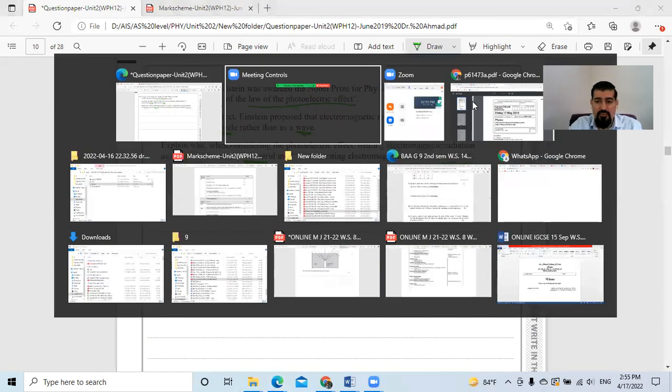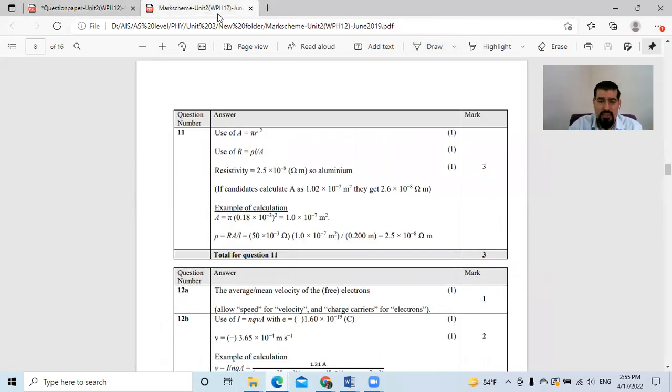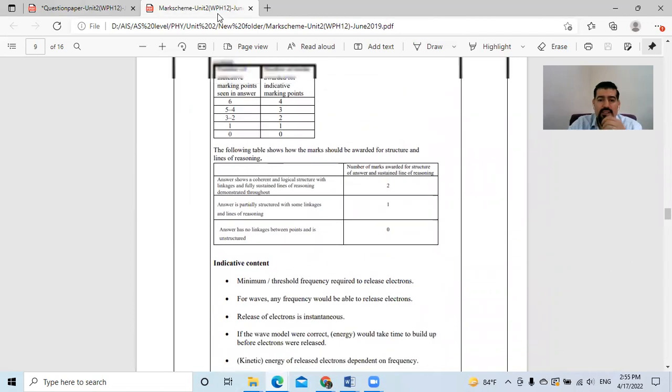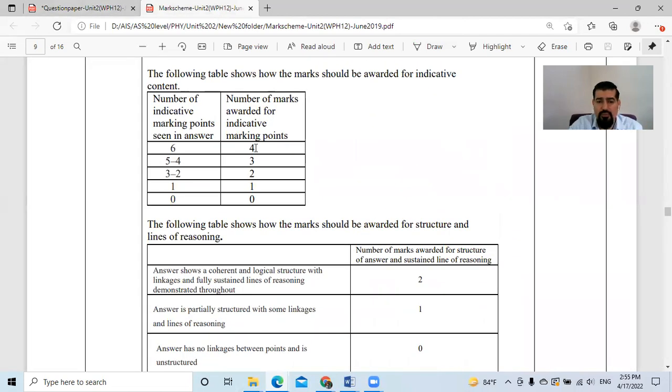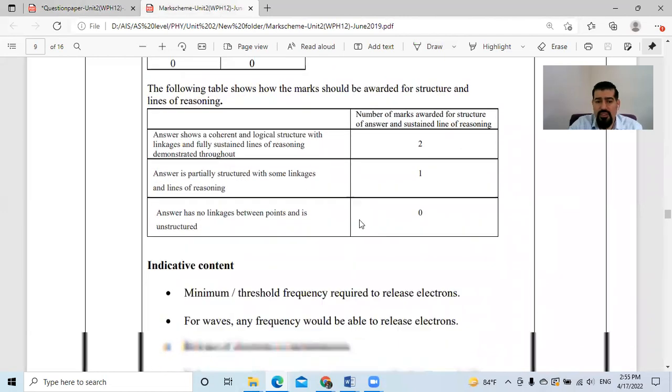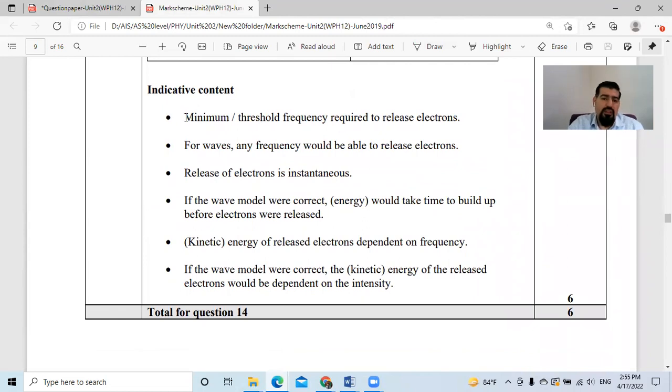So if we look at the answers here in the mark scheme, as I told you, we have 6 marks: 4 marks on the ideas, then 2 marks on the linkage, and sometimes they give you the linkage. Look here, the ideas: there is a minimum or threshold frequency required to release electrons. For wave, any frequency can release electrons, that's not correct.